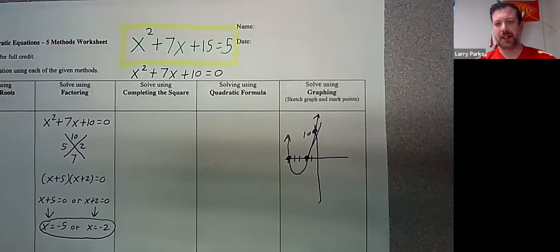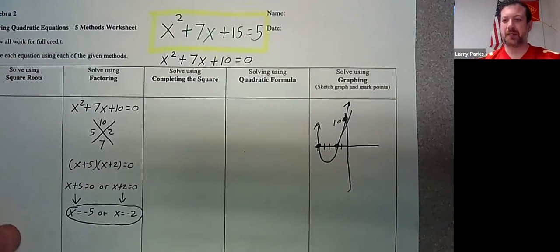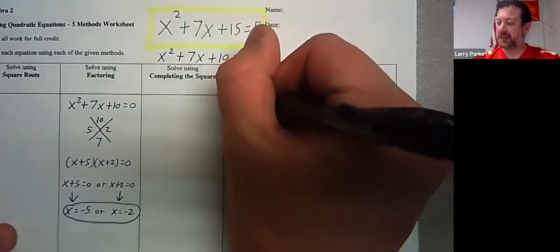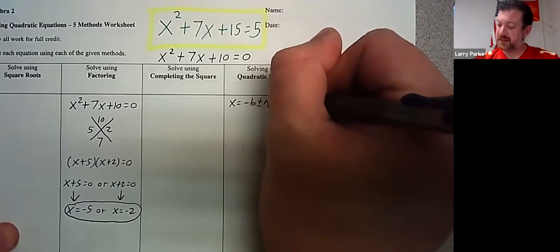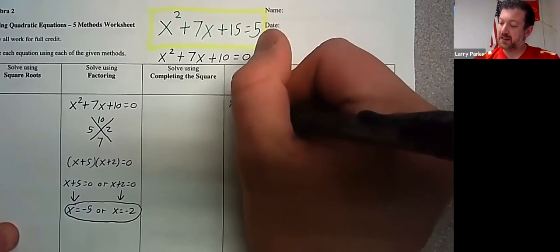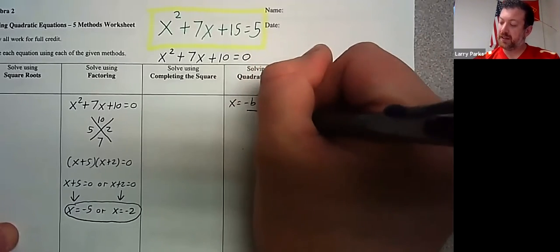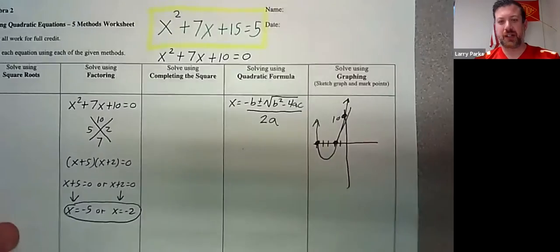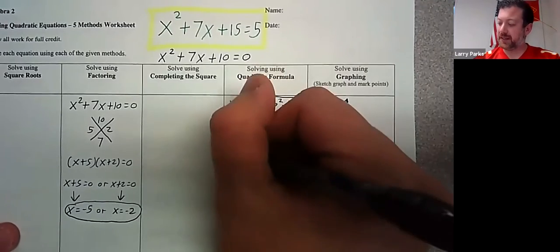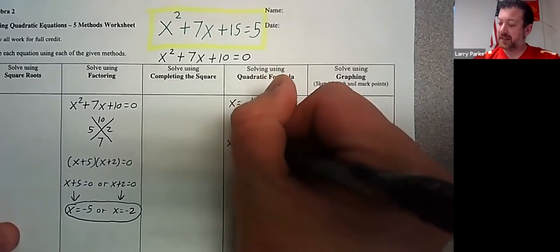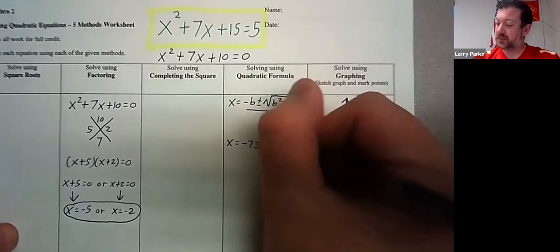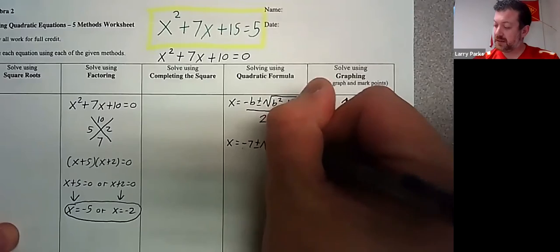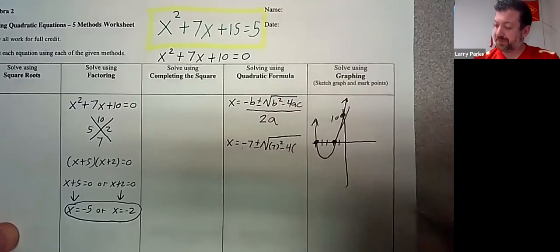Now, quadratic formula, this is actually going to take longer to get the answer, and so I'm going to do that super fast. So I'd write down the formula. There really isn't a good reason to use the quadratic formula for this case, but I would say, okay, x equals -7 plus or minus the square root of 7 squared minus 4.